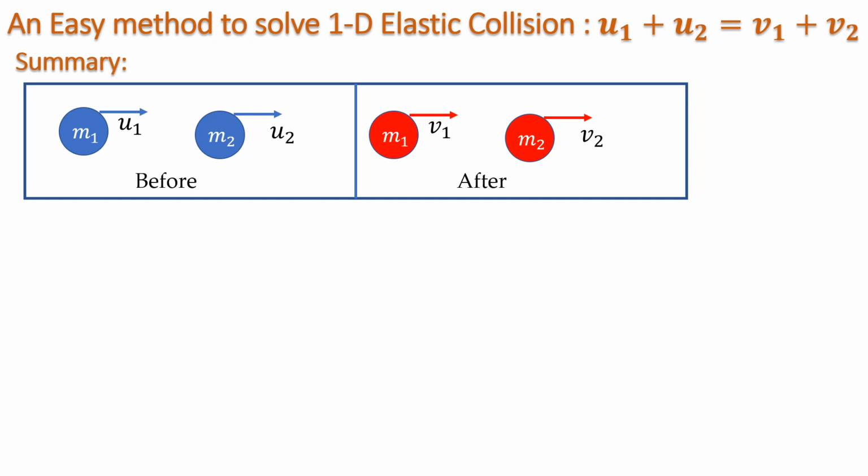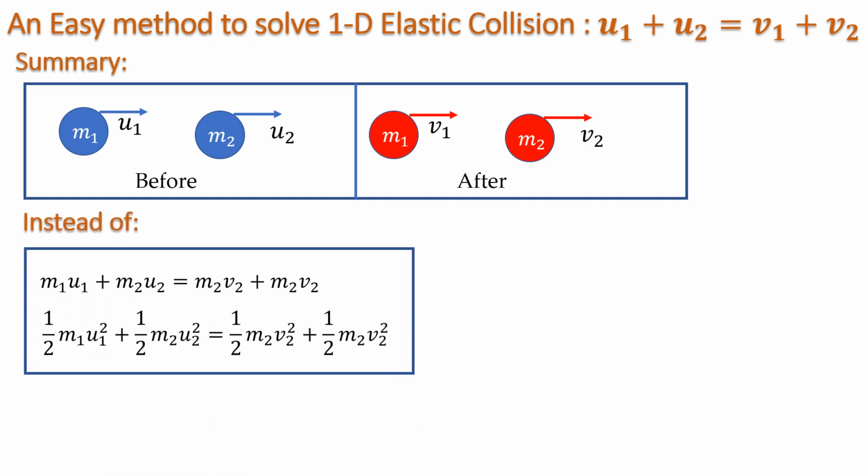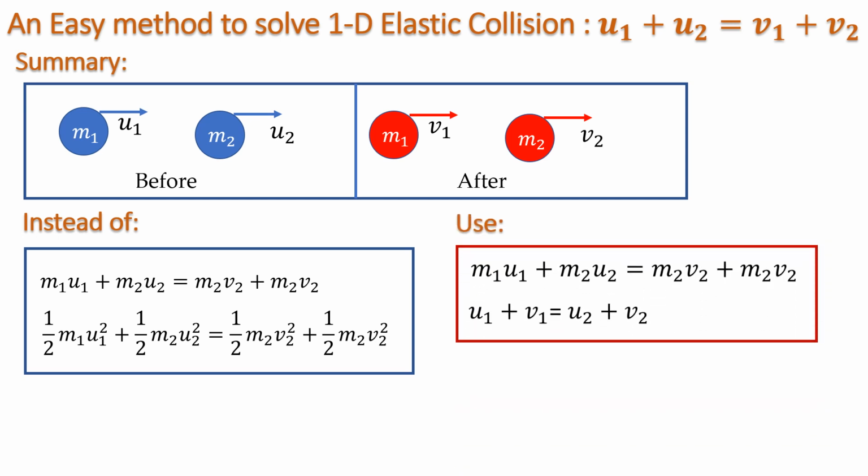Let me summarize. For one-dimensional elastic collision problems, instead of writing conservation of momentum and conservation of energy, you may only write down conservation of momentum and the formula of added velocity of one object equals added velocity of another object.